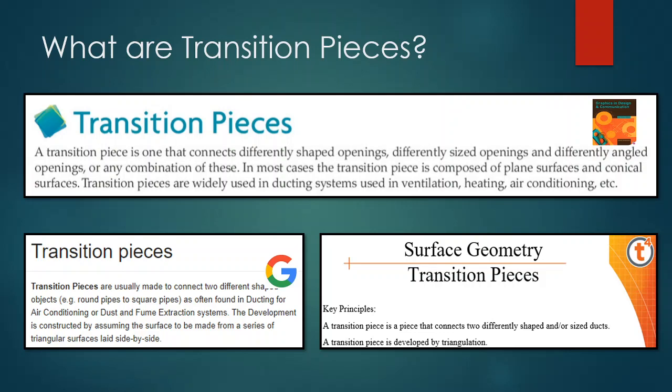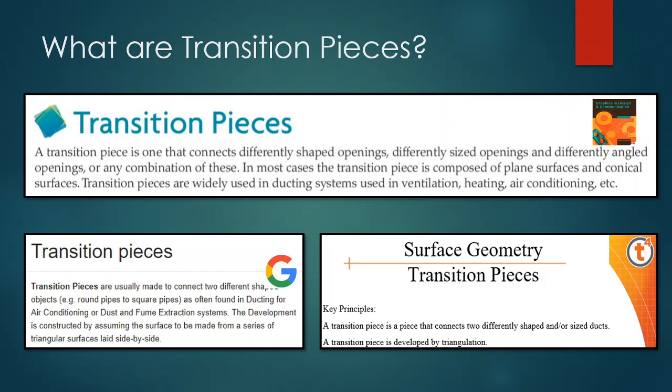So it could be going from a square to a circle, or a circle to a rectangle, etc. Differently sized openings could be a small square to a big square, or a small rectangle to a big rectangle, or circles, etc. And differently angled openings: these openings can be running at a 45-degree angle, 30-degree angle, etc., or any combination of these.